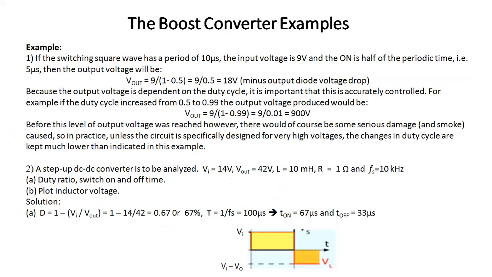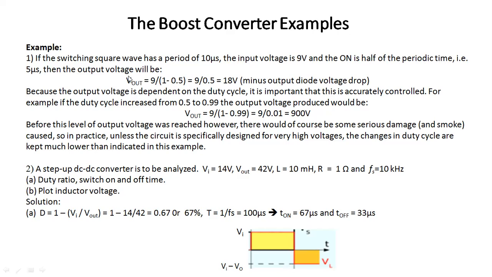Then the output voltage will be VI upon 1 minus what they have given here. The on time is half of the periodic time, so you can take that as 0.5. If you calculate, you will get that value as 18.